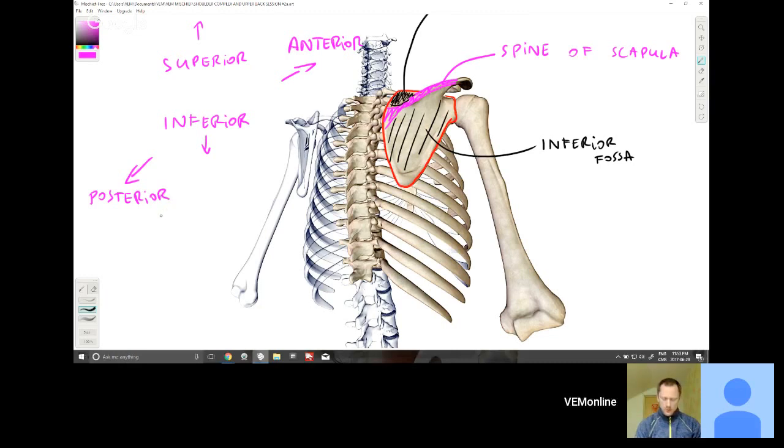So these are basic directions. And then closer towards the center and away from the center, that's medial and lateral. So let's say the spine is the center of the body, right? That's the axis. So closer towards the center, that's medial direction.